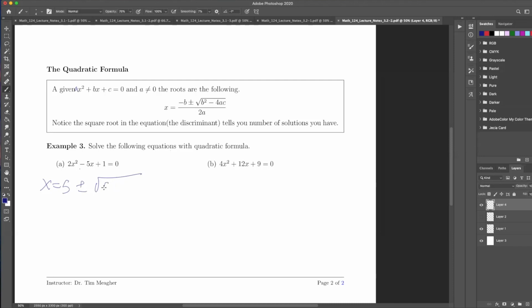Let me just leave it as 5 squared for now. 5 squared minus 4 times a, which is 2, times c, which is 1, all over 2 times 2. We simplify this. We'll have 5 plus or minus the square root of 25 minus 8, all over 4. So this is 5 plus or minus the square root of 17 over 4. Doesn't really simplify more than that.